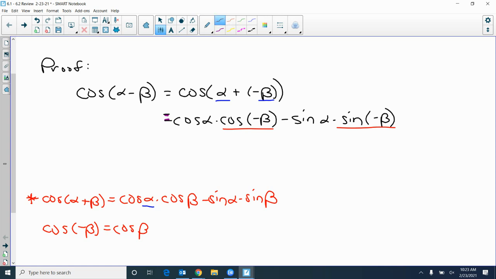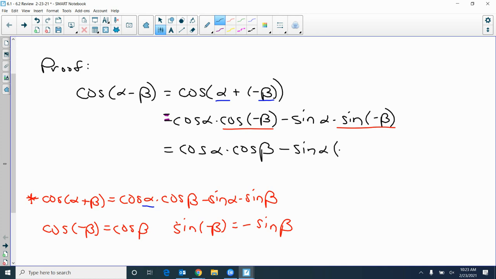And so it doesn't go away. Technically, you're replacing it with cosine of beta. And sine of negative beta is equal to the opposite of the sine of beta. So that's where it moves in front: minus sine alpha times negative sine beta.